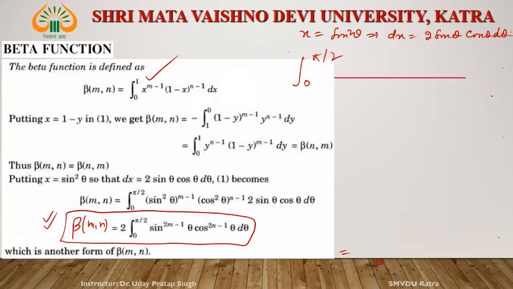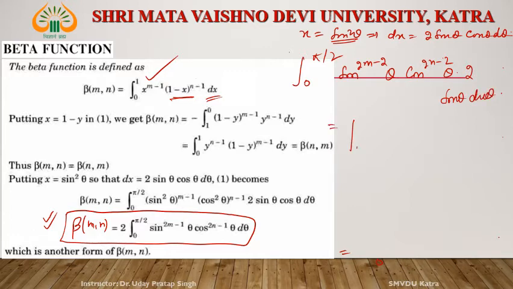So x to the power m minus 1: sine square theta to the power m minus 1 means sine to the power 2m minus 2 theta. So 1 minus x, that is 1 minus sine square theta, is cos square theta to the power n minus 1, so cos to the power 2n minus 2 theta, into dx. What is dx? Dx is 2 sine theta into cos theta.